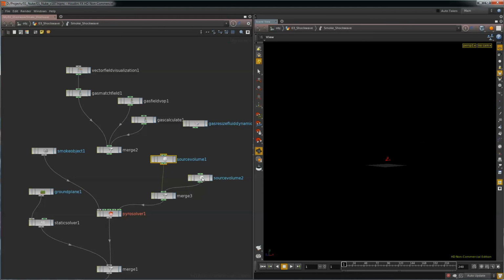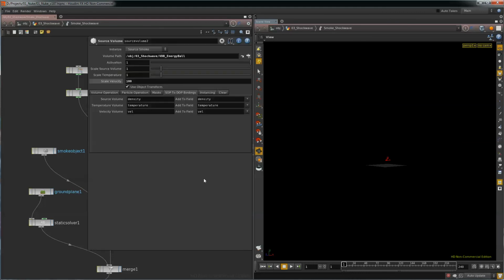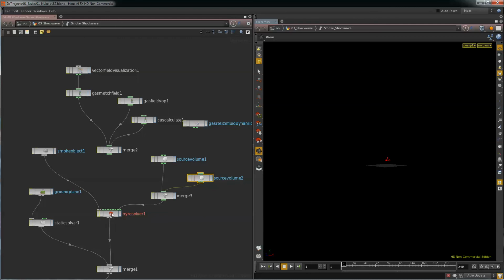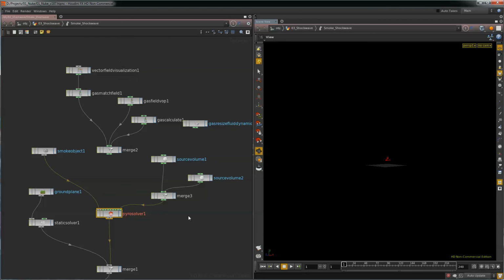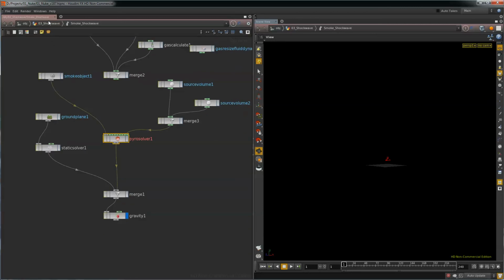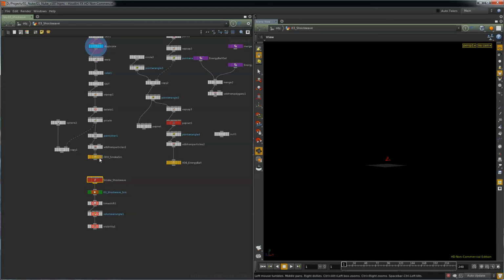I'm just sourcing in the smoke, sourcing in the energy ball to break it up, and then I just have a bunch of turbulence on it. I don't use sharpening. Sharpening really introduces a lot of artifacts for me, especially when I combine it with disturbance, so I don't really like it at all. So, a very simple shockwave being animated off of complex geometry.